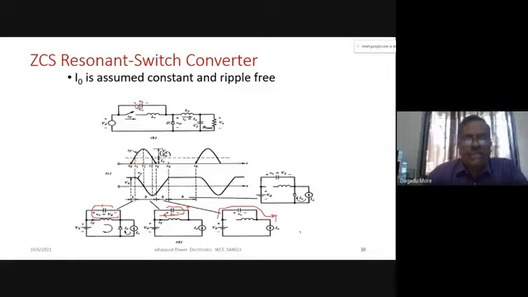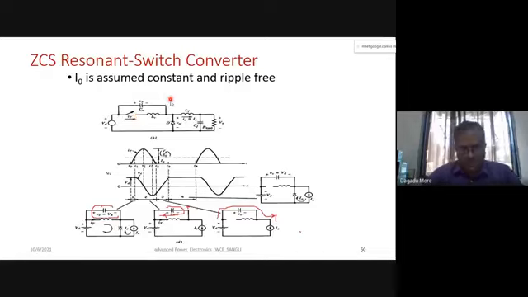In the LC tank, our capacitor is initially charged. When you turn on the switch, this capacitor will try to discharge and charge in the opposite direction. It will try to reverse the current, but here the switch is unidirectional, so the current will become zero. At T2 our switch will turn off.